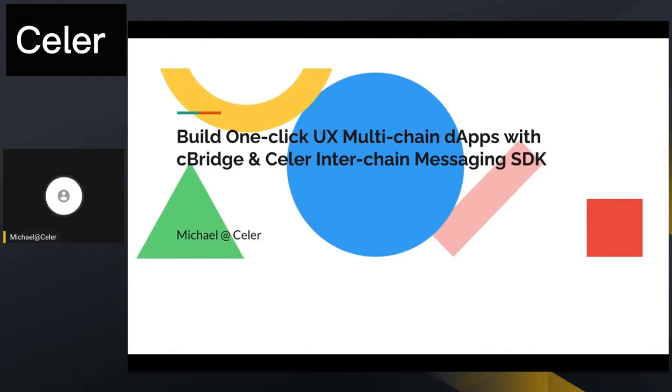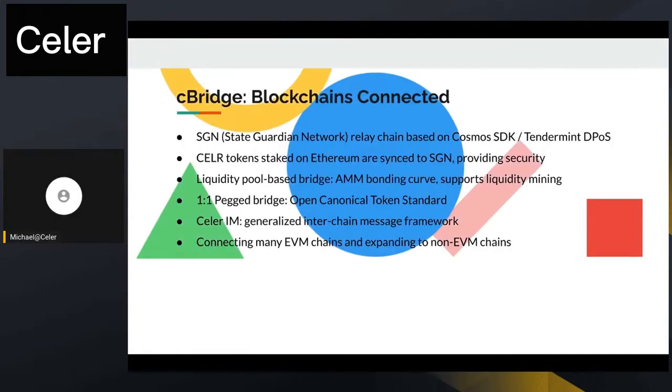So first off, I should do a little bit of introduction of what the Celer cBridge is. Basically, cBridge is a blockchain interoperability protocol that we at Celer built. It supports both asset transfers across blockchains and general messaging across different blockchains.